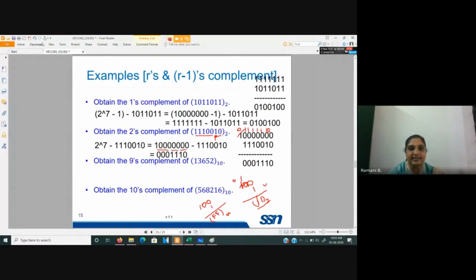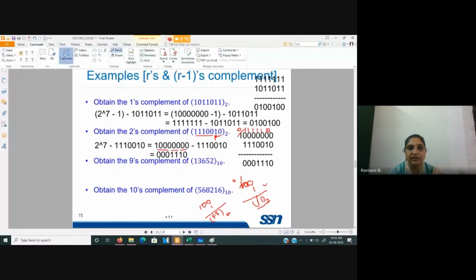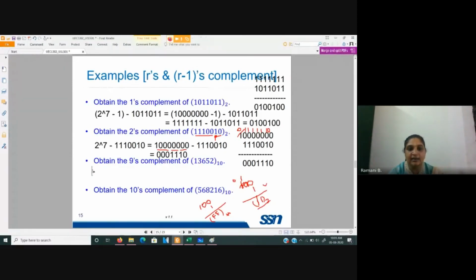This is again similar to what we do with binary. Now here we are going to do it with decimal. So here I have given 5 digits. So this is 10 power 5 minus 1 minus 13652. Here 10 power 5 is nothing but 1 followed by 5 zeros, minus 1, so here it will be 5 nines.